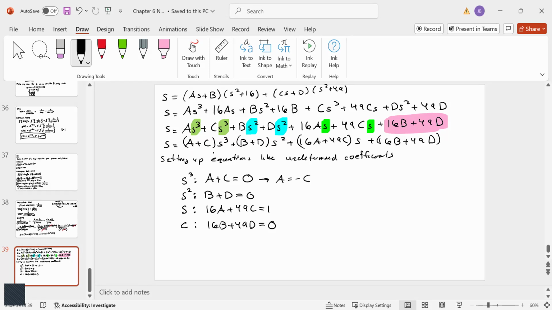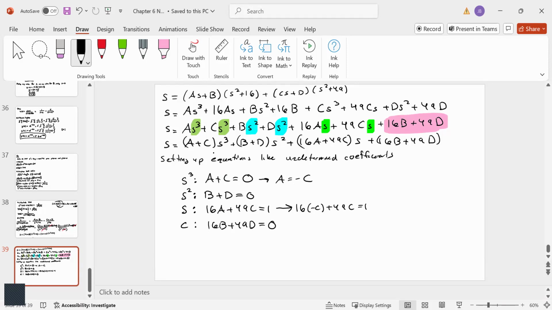A equals negative C. And then if you substitute it into, say, here, right? Then you could say, okay, we get 16 times negative c plus 49c equals 1, right?